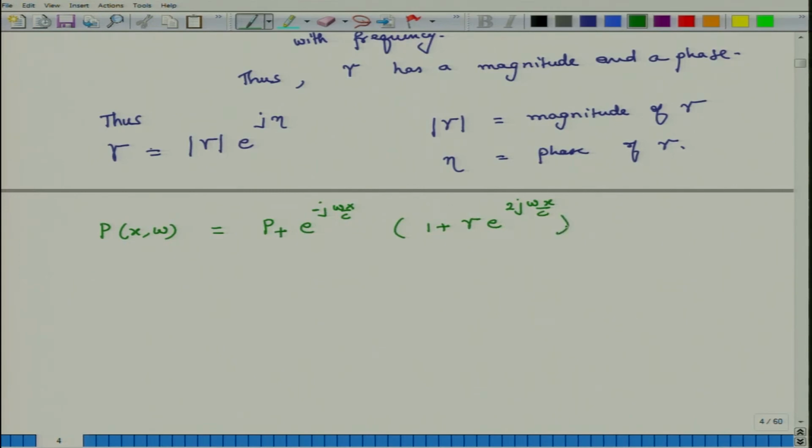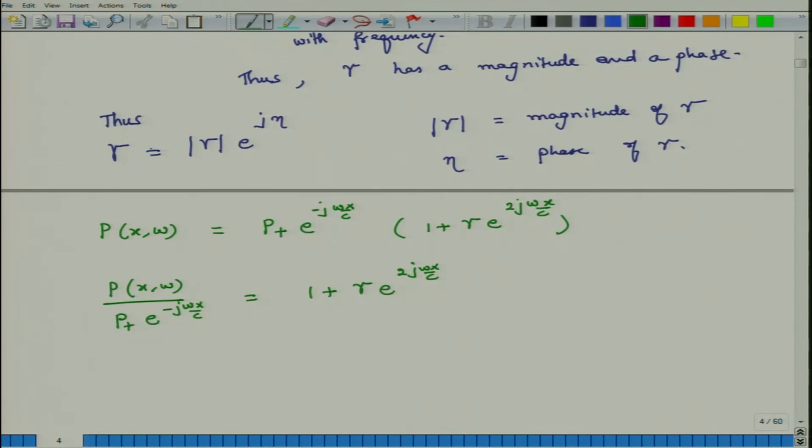What I will do is divide both sides by P plus times e to the minus j omega x over c. So, I get P bar of x omega divided by P plus e to the minus j omega x over c, and that equals 1 plus gamma e to the 2 j omega x over c.